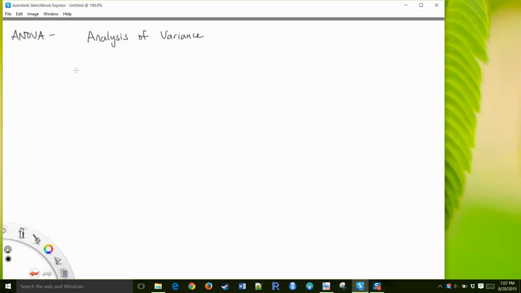And what we're trying to do is break apart this variance based on the group from which our measurements came.